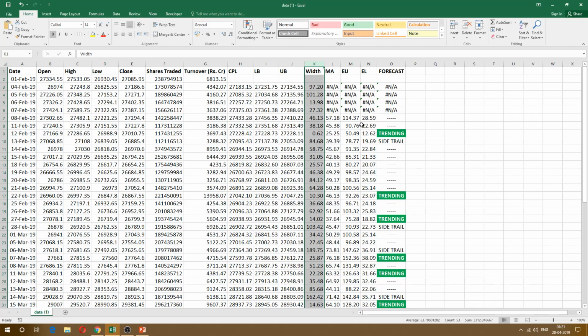What I have done is take the width, calculate a moving average over a 5-day window, and create an upper extreme value and a lower extreme value. This is my implementation of how to get a judgment.